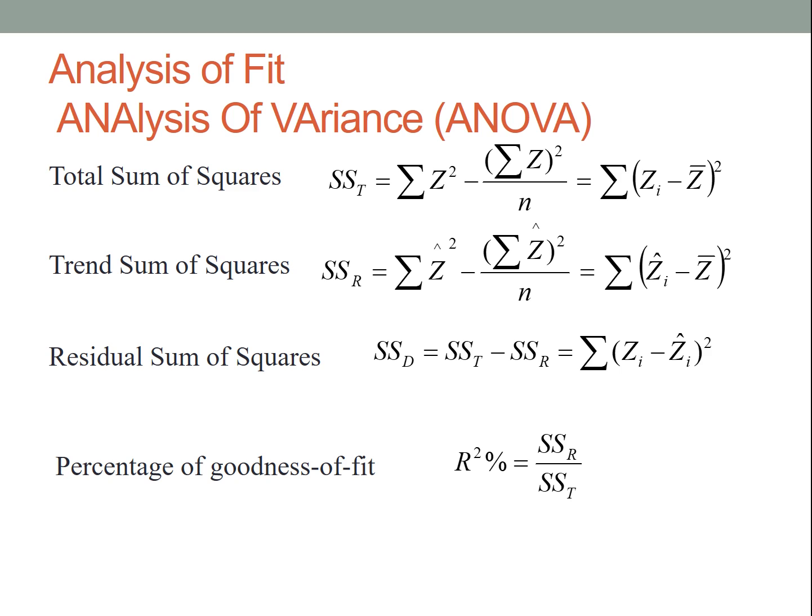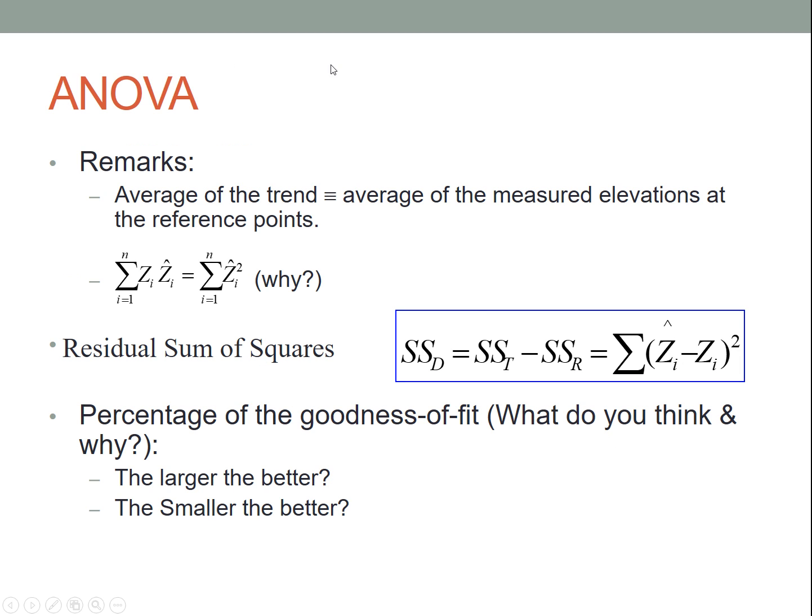People like the goodness of fit because they can say, hey, look, this is what the goodness of fit is. But it doesn't take it that one step further to push it into a confidence, though it's good to know. So you take SSR, which is my trend, and divide it by SST, which is my total sum of squares, and I'll get a value. If you multiply it by 100, you will get a percentage. So if I ask for a percent goodness of fit, make sure you give it to me as a percentage. Then we have ANOVA, and continuing on.